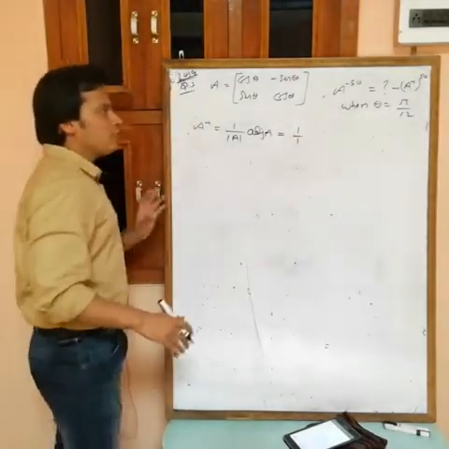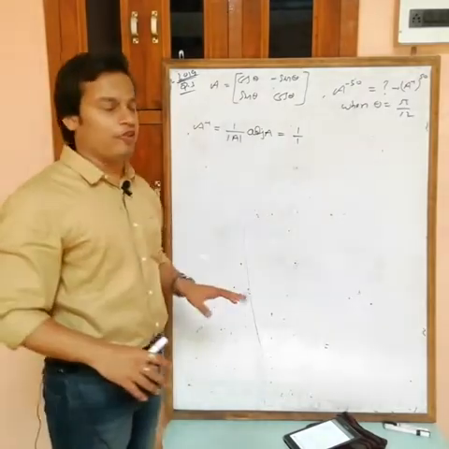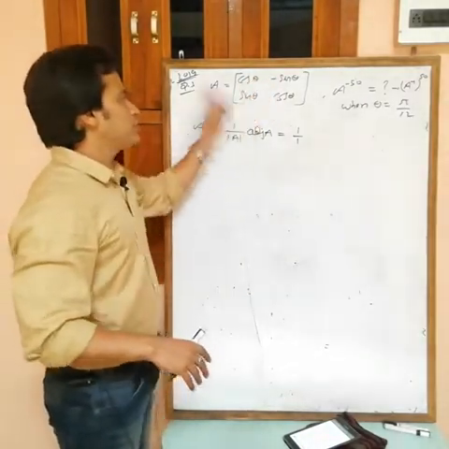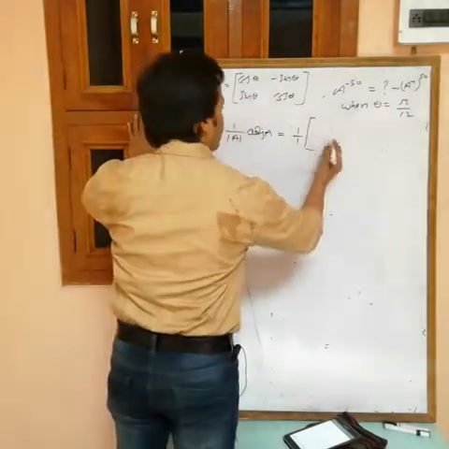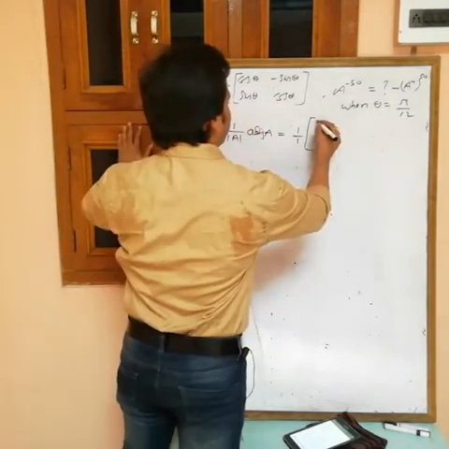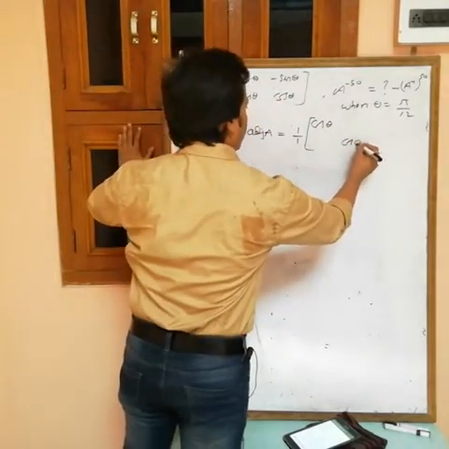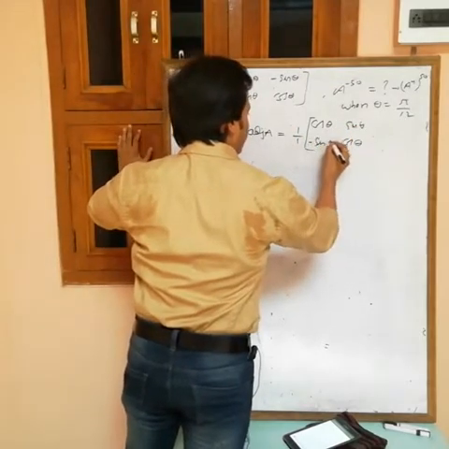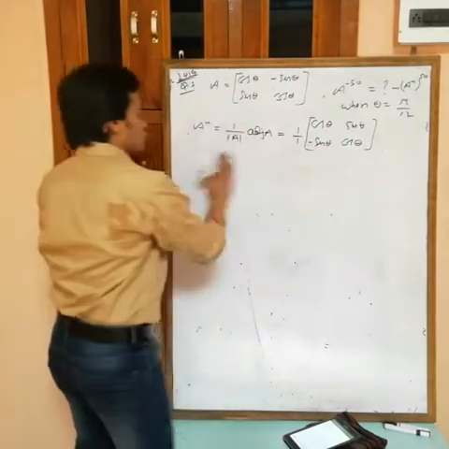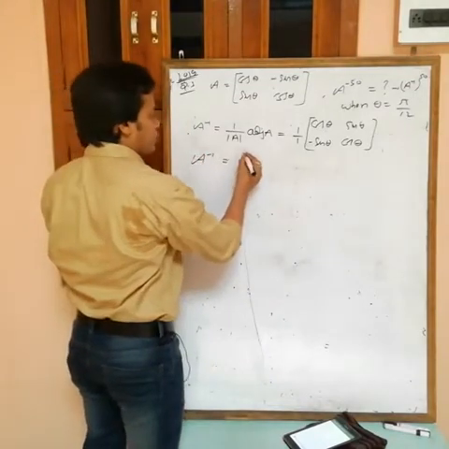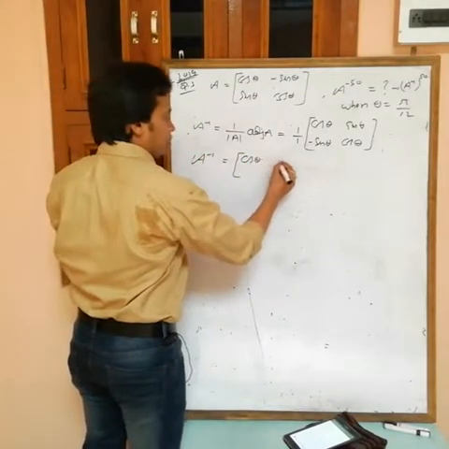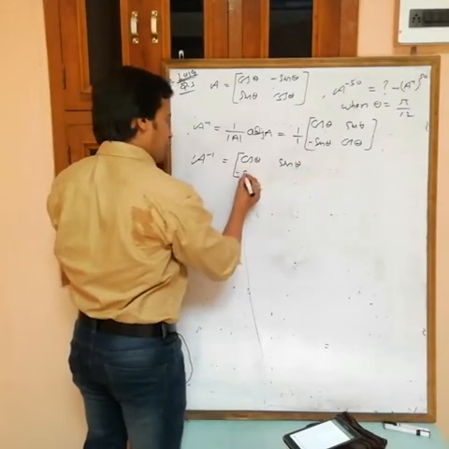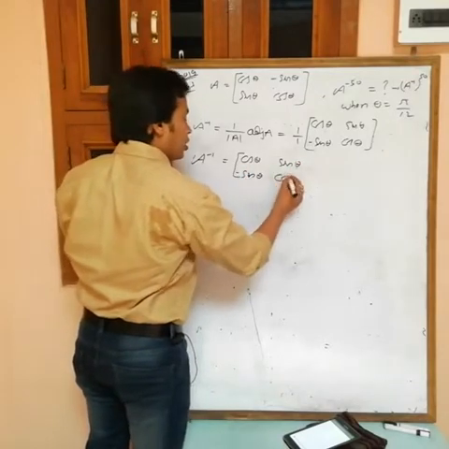Adjoint of a 2 by 2 matrix you can find directly: interchange these two and change the sign of these elements. So I am interchanging these two, but this becomes cos theta now, and change the sign of these two, then sin theta and minus sin theta. So here we are getting A inverse: cos theta, sin theta, minus sin theta and cos theta.